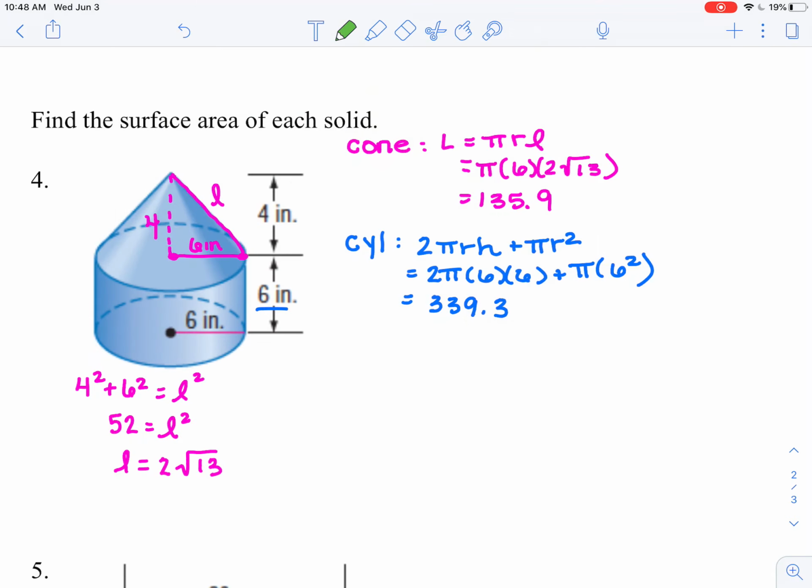To find the total area to be covered for the entire solid, we're then going to add together what we got for the cone and the cylinder. So the surface area of this entire solid is about 475.2 square inches.